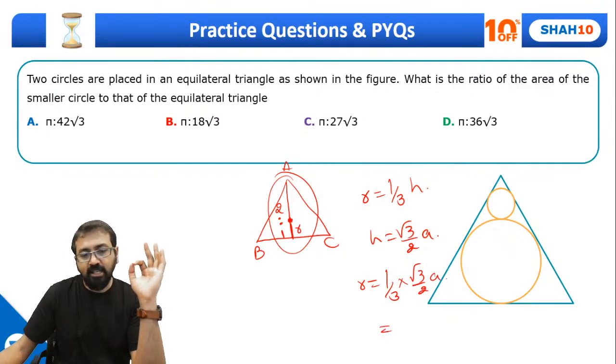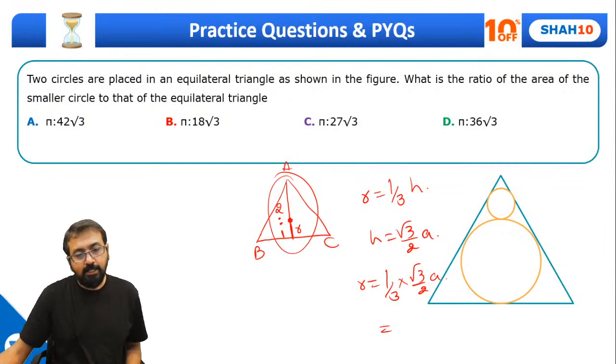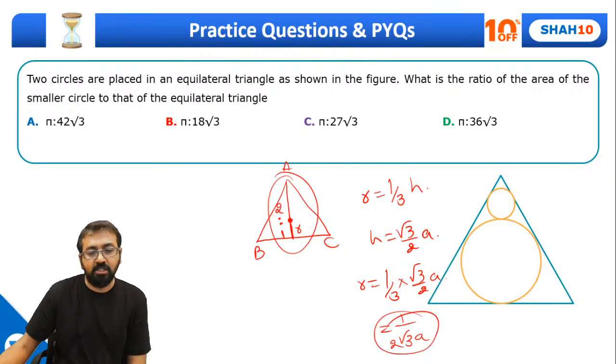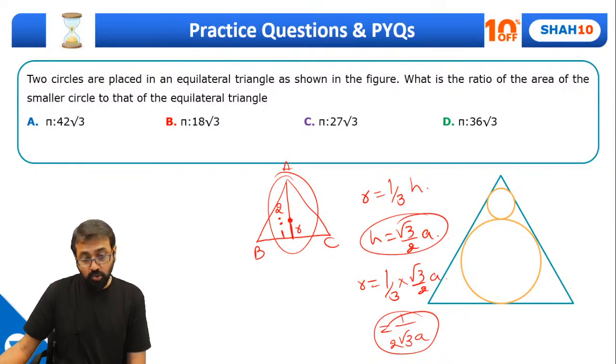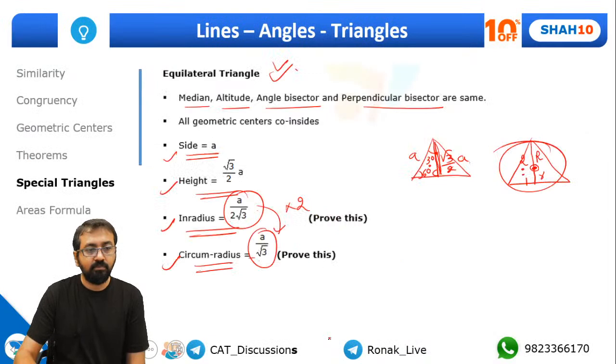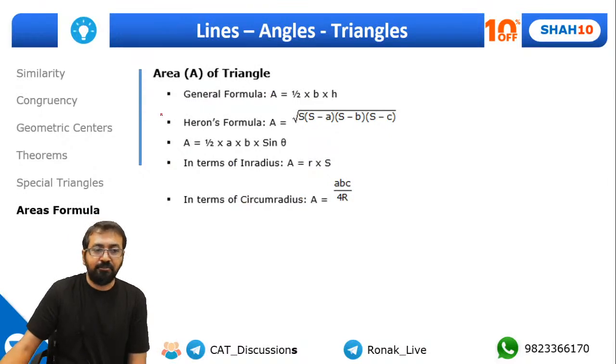So if you solve this thing, it will come out to be 1/(2√3) times side. So this is what I had written. In an equilateral triangle, height is √3/2 times side, so inradius will be 1/(2√3) times side. This a will be over here. Are you clear?